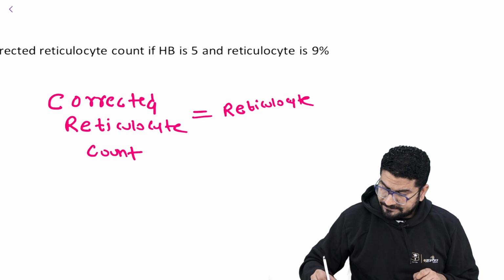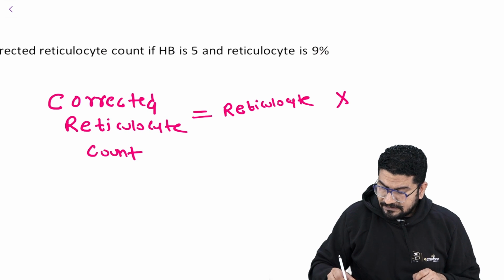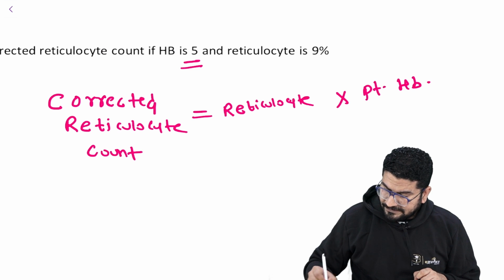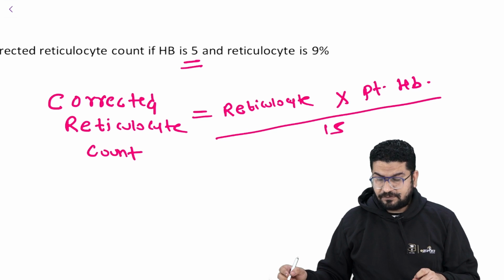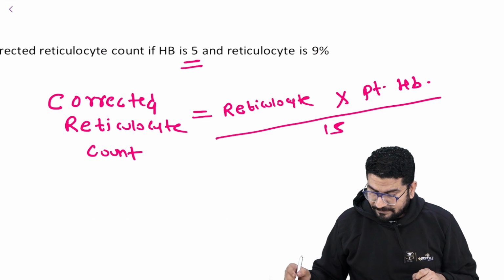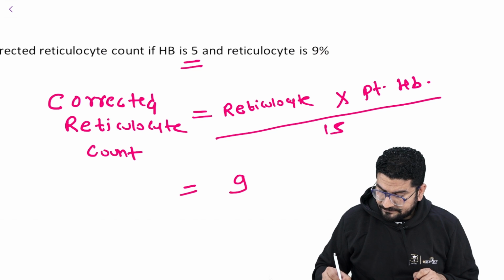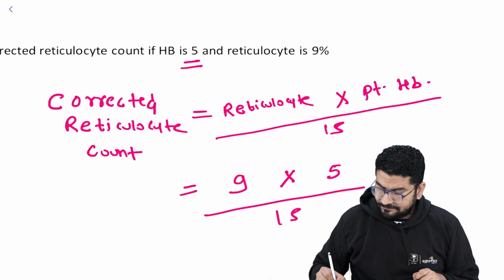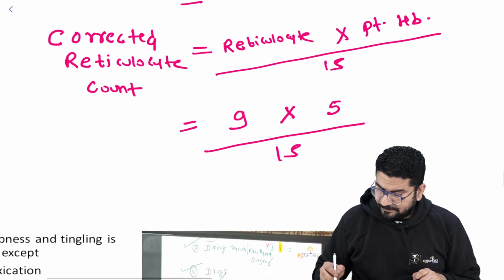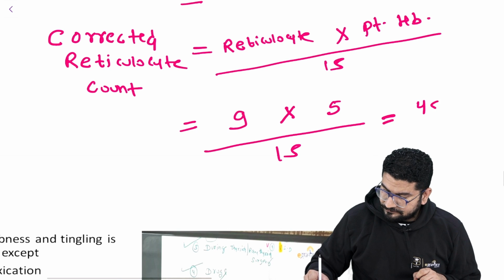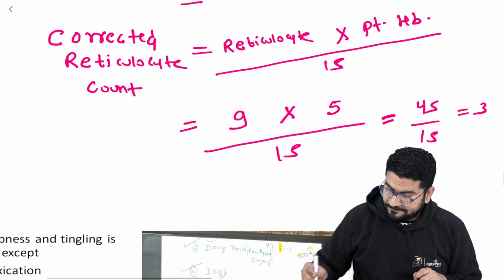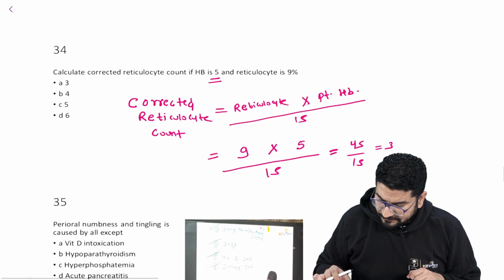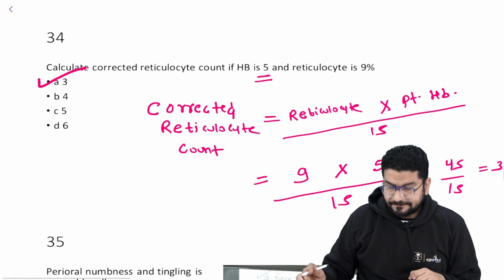We multiply this reticulocyte percentage by the patient's hemoglobin and divide this by 15. So if the reticulocyte count is given as 9 and the patient hemoglobin is 5, we divide by 15. This will be 45 divided by 15, so the answer will be 3. So how do you calculate the corrected reticulocyte count? This is the formula, and the answer for this question will be 3.